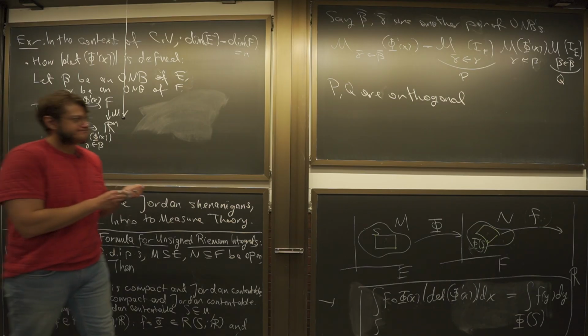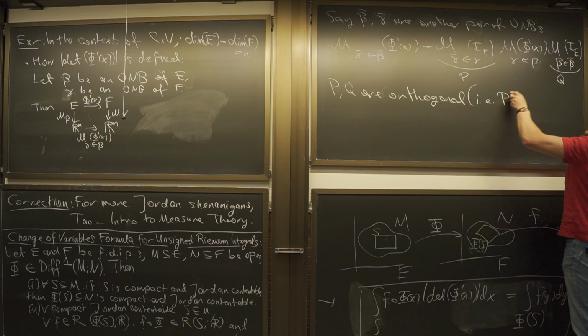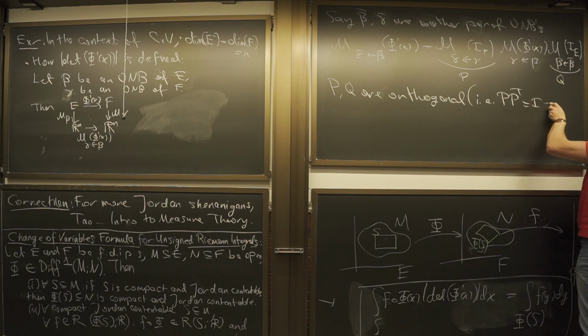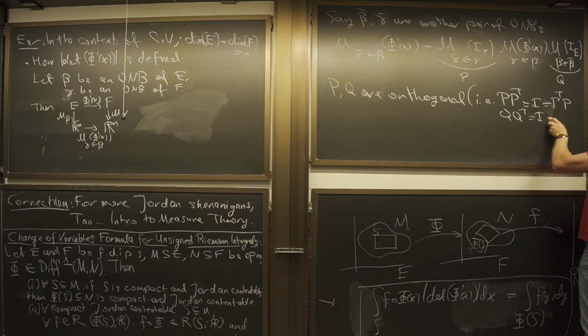In particular, the determinant of a matrix is the same thing as the determinant of its transpose, and determinant is multiplicative, which means that by virtue of the fact that P and Q are orthogonal, their determinant can be either +1 or -1. Cannot be anything else.